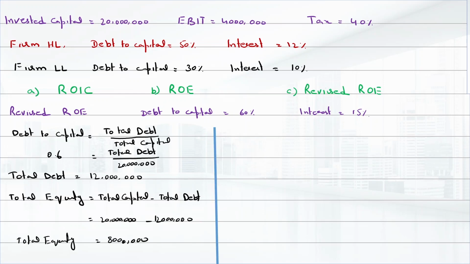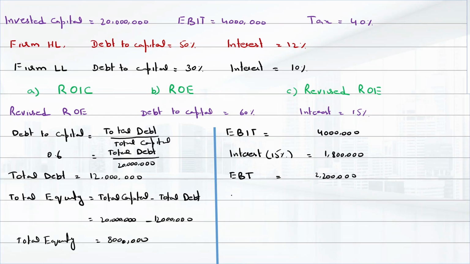After this, we will find net income. Firstly, EBIT 4 million, interest, that is 15%, and that is 1.8 million, and the EBT will be 2.2 million.